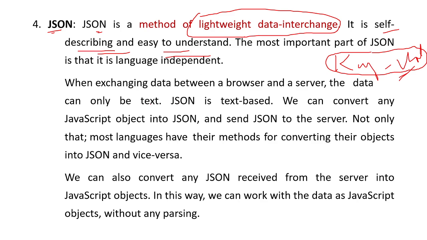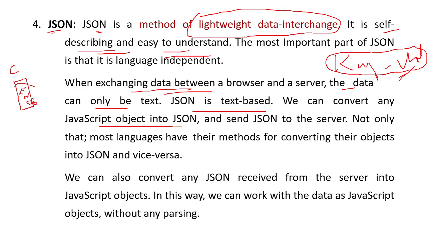And the advantage is, if you exchange the data, the data can only be text, as I said, textual mode. JSON is text based, key value pair, and we can convert any JavaScript object into JSON itself and vice versa. For example, assume that there is a client machine here which has a JavaScript object, let us say an employee, which has attributes like name, and employee ID, like this.